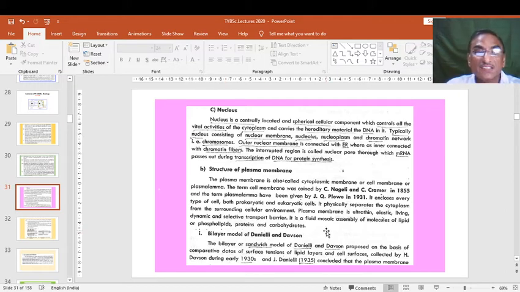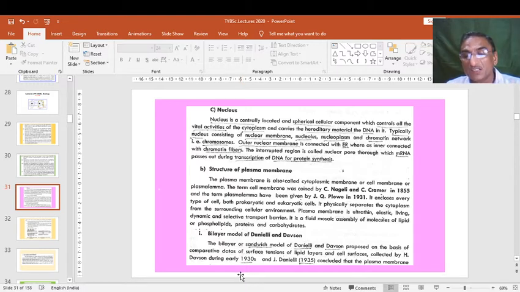Then, in the structure of plasma membrane, two models are very famous. The bilayer model of Danielli and Davson: this pair identified that the plasma membrane has a double membrane, therefore it is called a bilayer membrane or sandwich membrane.